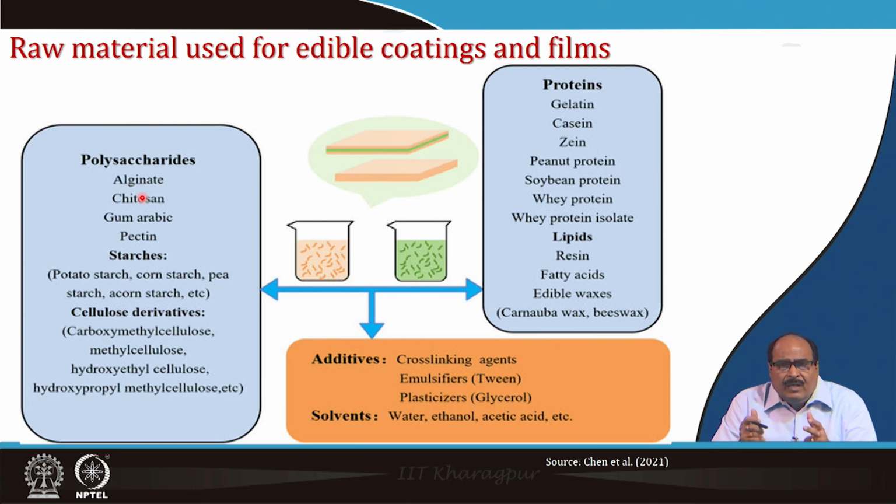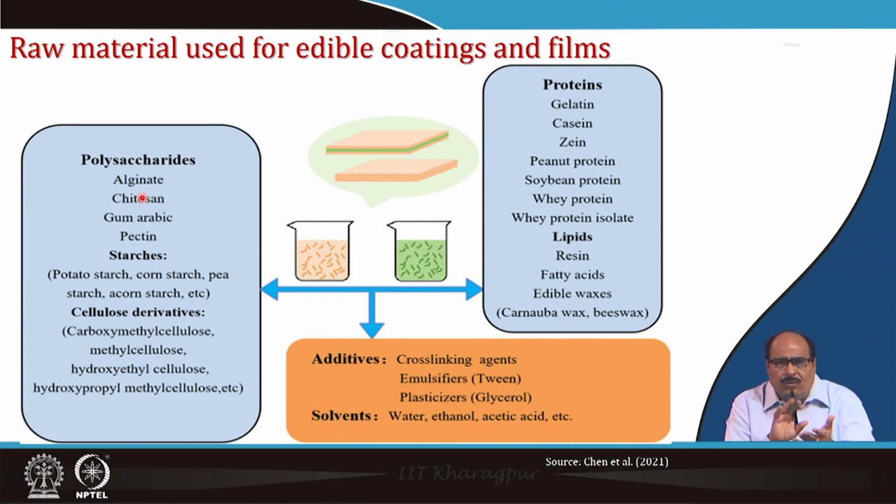Then some proteins like gelatin, casein, zein, soya protein, whey protein, or lipids like resins, fatty acids, edible waxes, etc. And some additives like cross-linking agents or emulsifiers such as Tween 20, or some plasticizers.